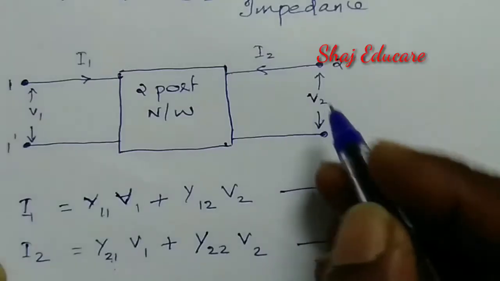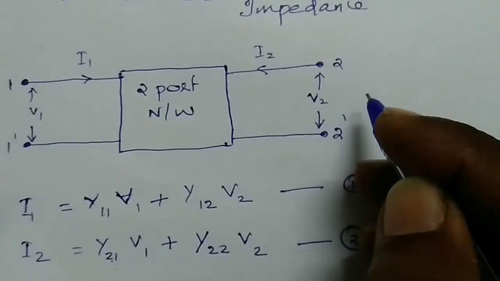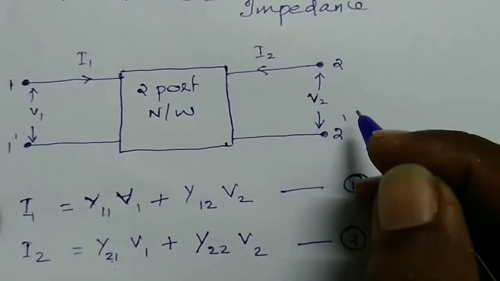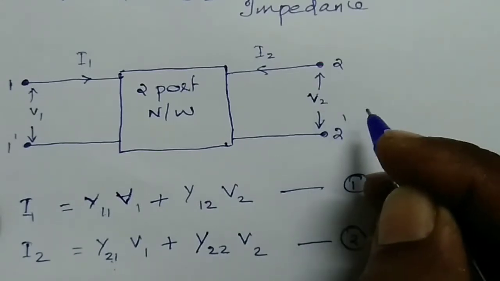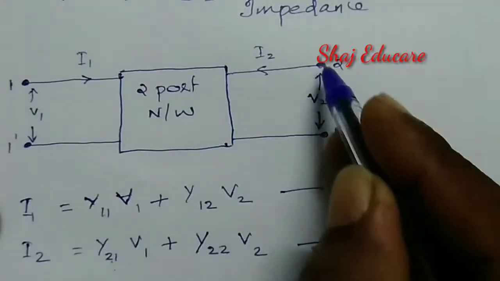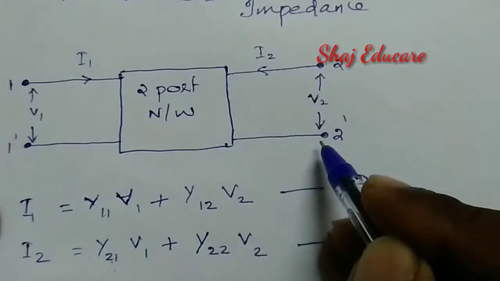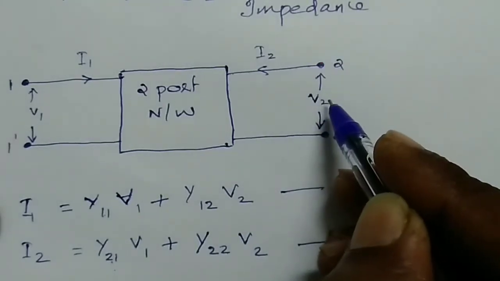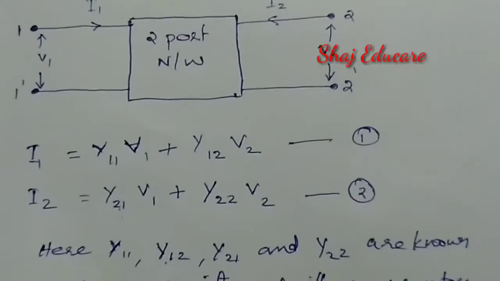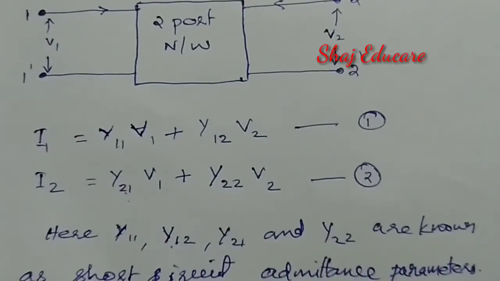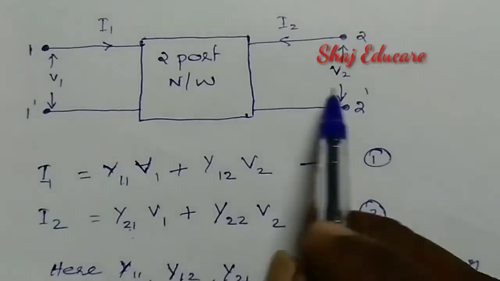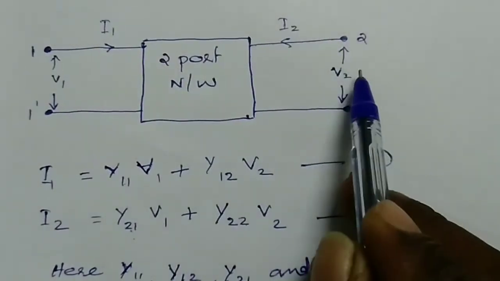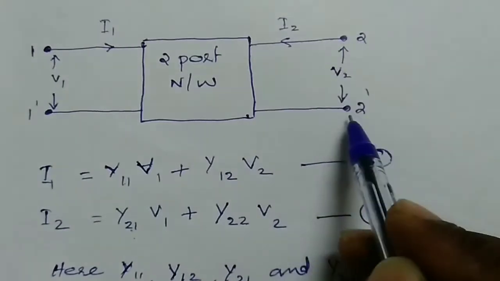Let's find the expressions for these four parameters one by one. We have already studied that the voltage across a short circuit will be 0. So simply by short circuiting port 2 dash, we can make V2 equal to 0.